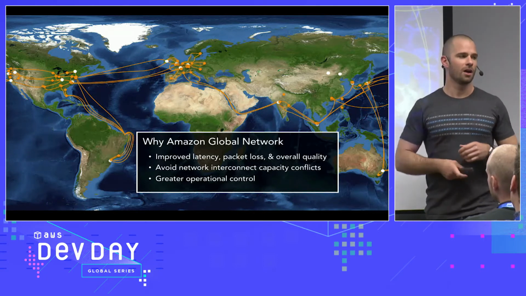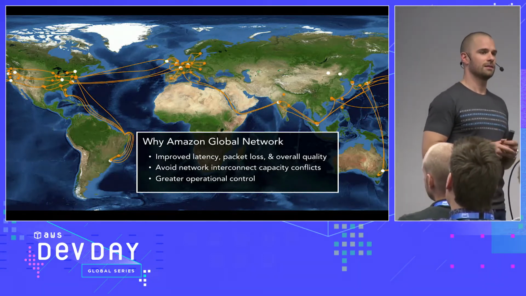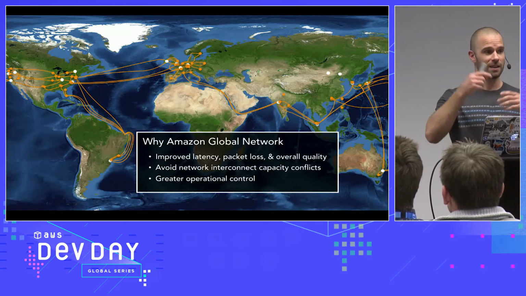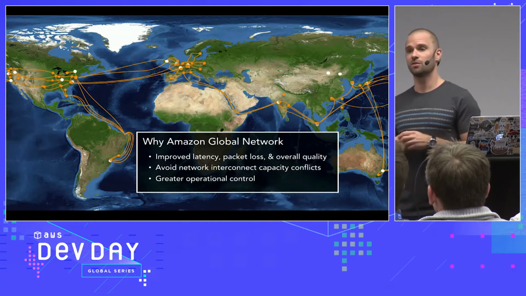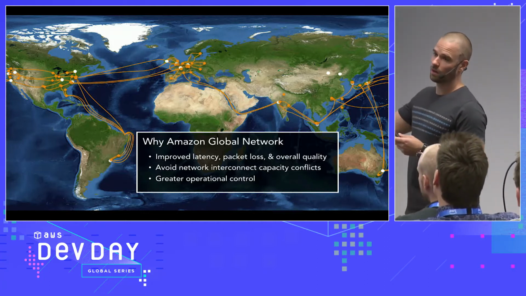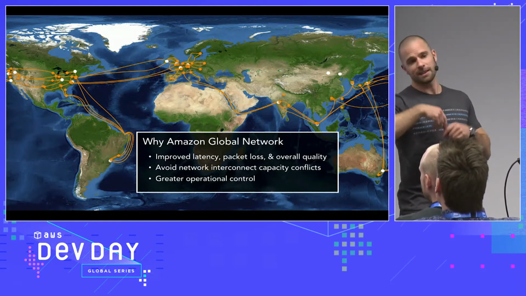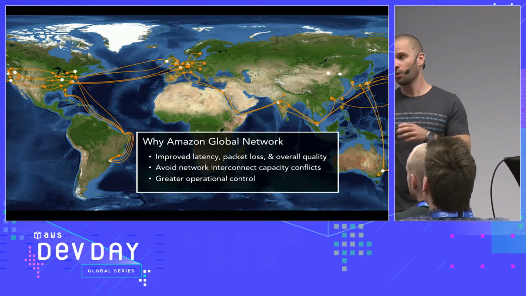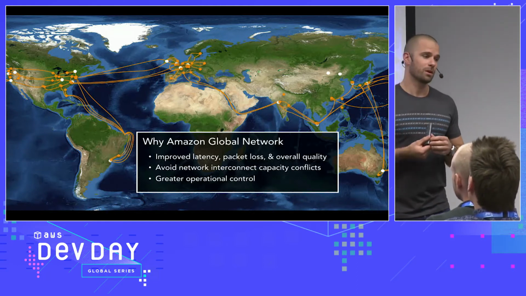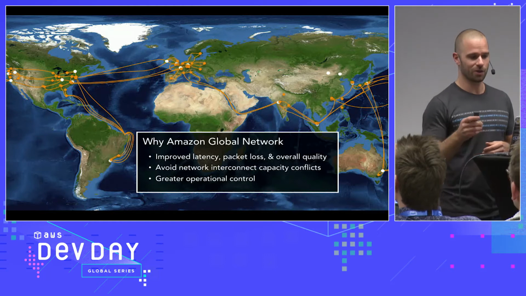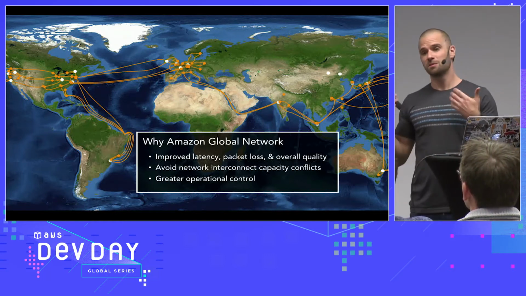So when you are doing multi-region architectures, especially using services like S3 cross-region replication or DynamoDB global tables that we're going to talk about, the data doesn't go over the internet. It actually goes through our global network because it improves latency and packet loss, and we can control that as well.